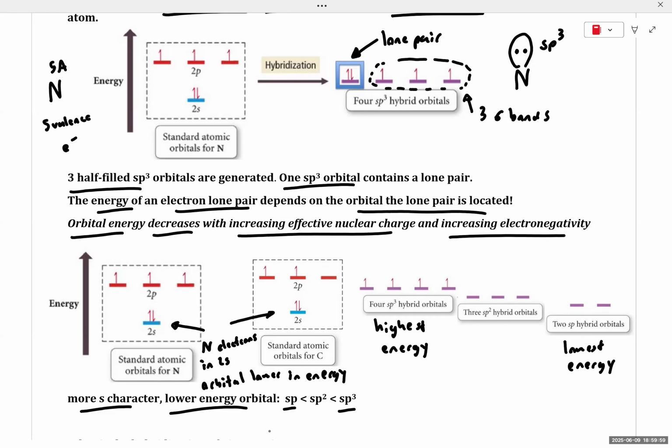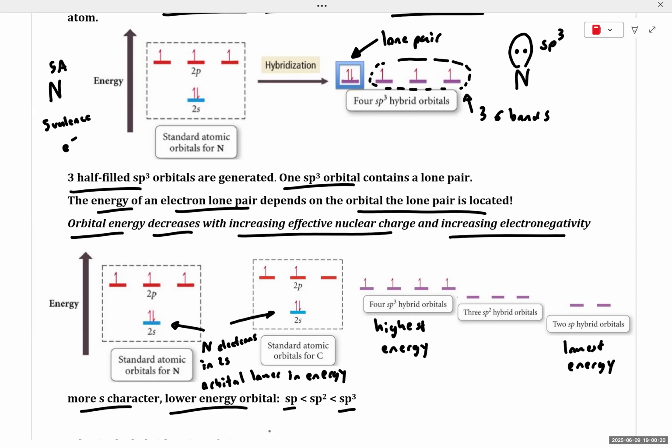Now, why is this important? Well, because orbital energy affects lone pair energy, we need to know how to identify hybridization and identify what orbital the lone pair is located in for us to understand its energy and thus its reactivity.